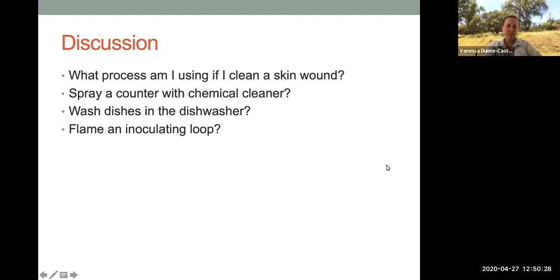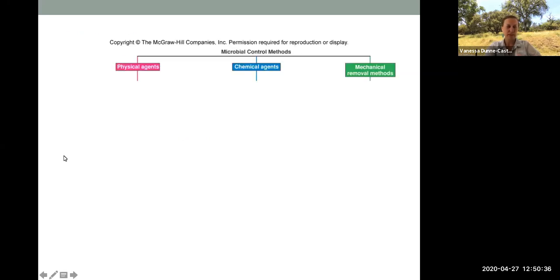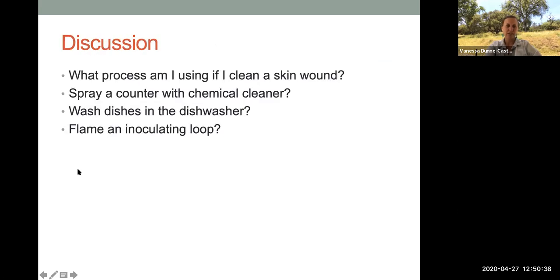How about flaming an inoculating loop, like what we do at the benchtop, or using our incinerators? So those are good ways to think about using those different terms and understanding the levels that are associated with them. We will use these terms again as we get further along when you're deciding which type of chemical cleaner to use in any given circumstance.